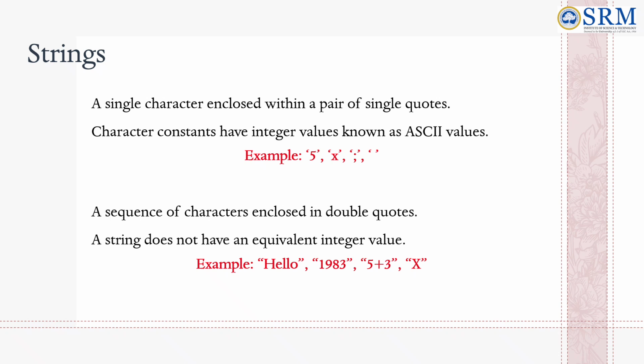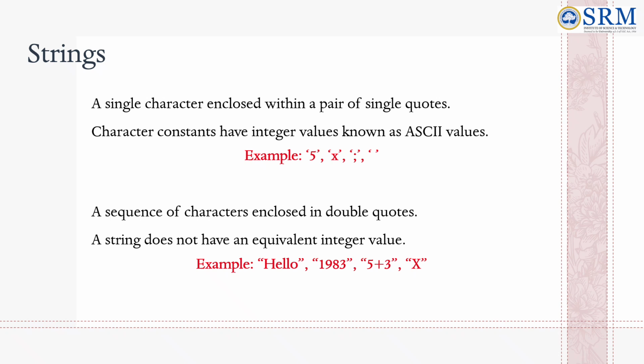When a character is enclosed within single quote, there is always some integer value associated with it, and that is called an ASCII value. When the same characters are enclosed within double quotes, they form a string, and these strings do not have any equivalent integer value associated with them.